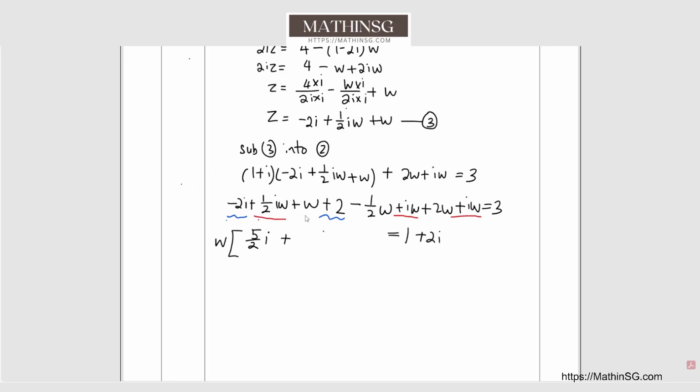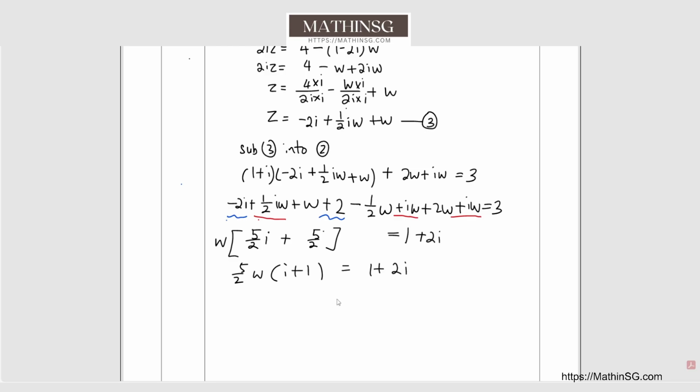So this 3w, then minus half a w, yeah, so it's also 5 over 2 w, and w I already factorized out. Am I right? Okay, so now I'm done with this. So I know that basically I have 5 over 2 i plus 1 here, right?